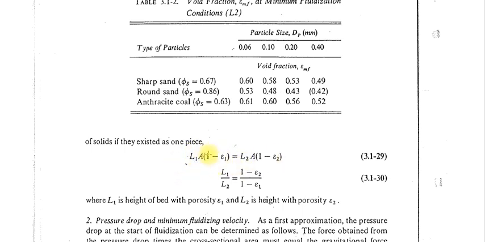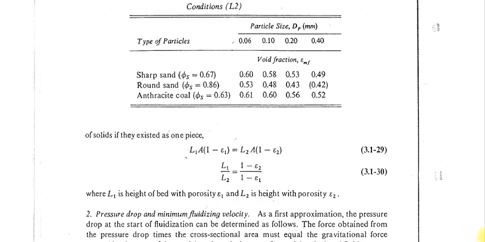The overall solid volume is the same in both, so L1 by L2 equals 1 minus xi2 by 1 minus xi1, where xi is the void fraction or porosity of the bed in the two different cases. From this formula you can calculate the height of the bed.